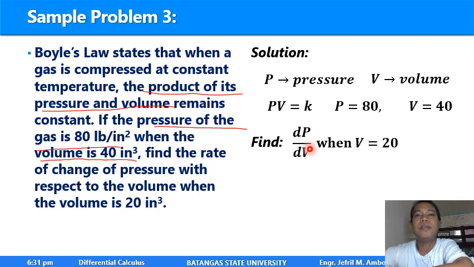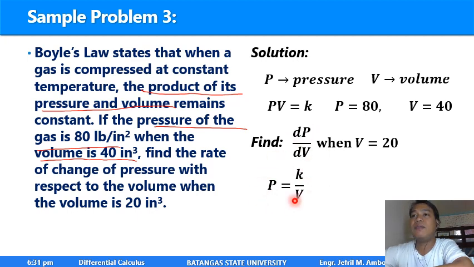We get that from this equation: PV is equal to K. Thus, P is equal to K divided by V. That is our working equation. So what do we do with this working equation? We now get dP over dV.